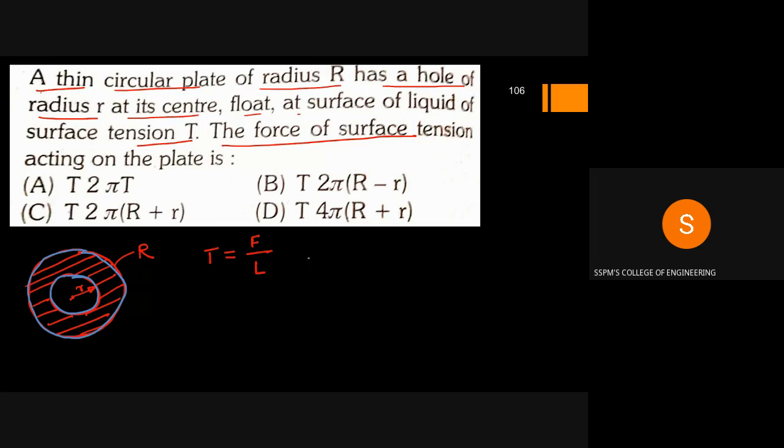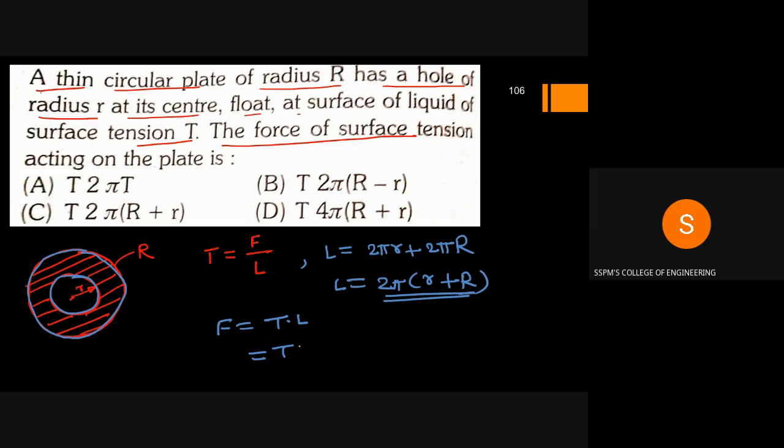So here the length is equal to: inner periphery is 2 pi r and outer periphery is 2 pi into capital R. So this is equal to 2 pi in the bracket r plus capital R. This is the total length, and the surface tension is T. So F is equal to surface tension into length, which is equal to T into 2 pi (R plus r). So the correct option is option B. Sorry, this is minus r.